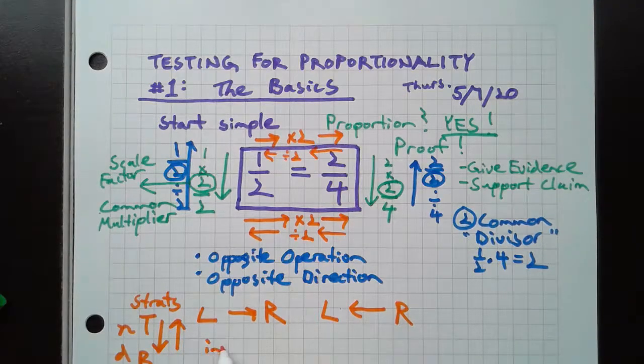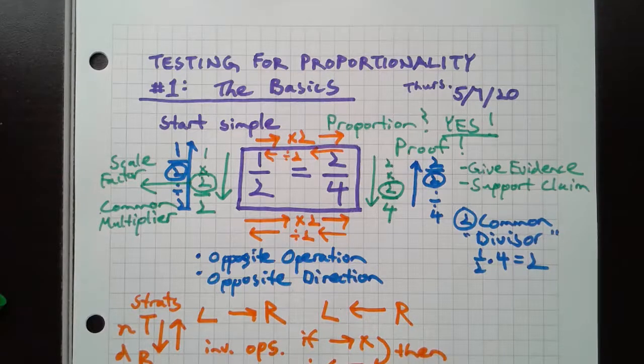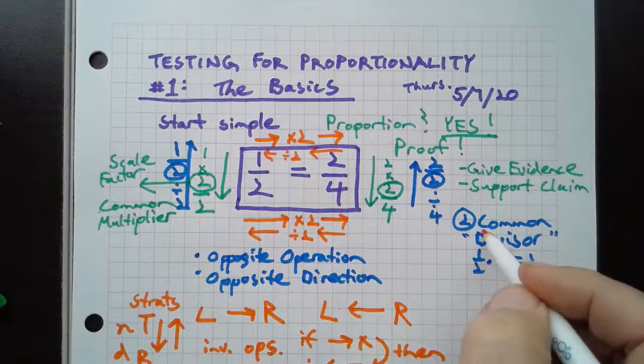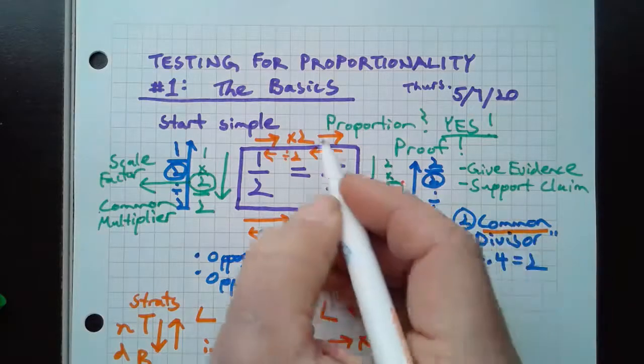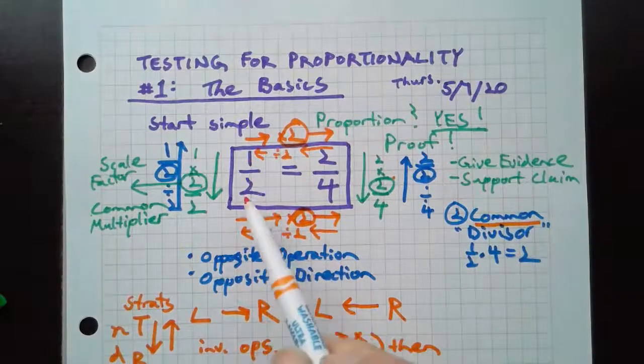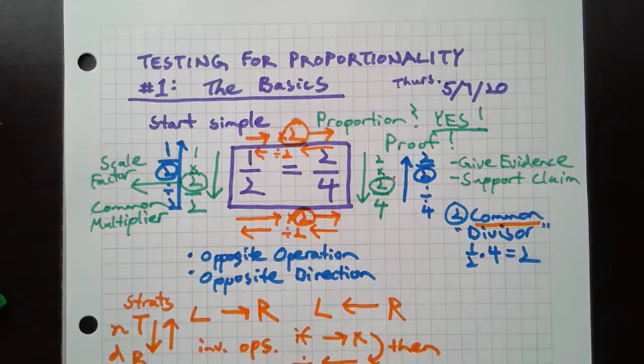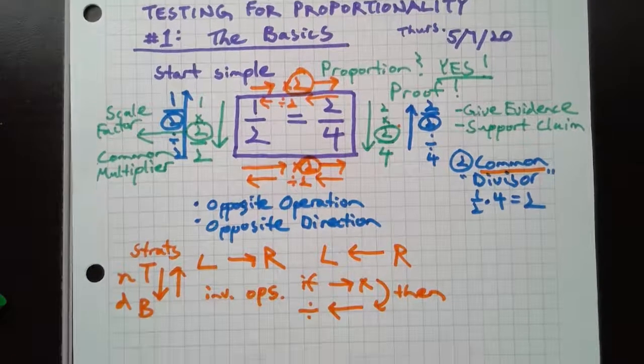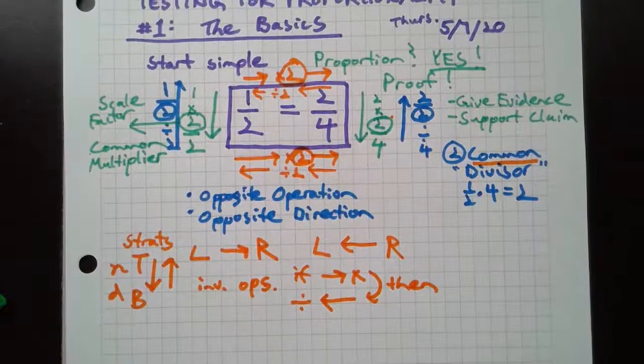Okay, we have inverse operations, which means if this way multiply, then go this way and divide. But we're looking for common, same ones. And since we can all agree that 1/2 is the same as 2/4, all of these common multiples and divisors of 2, in this case, prove that. Okay?